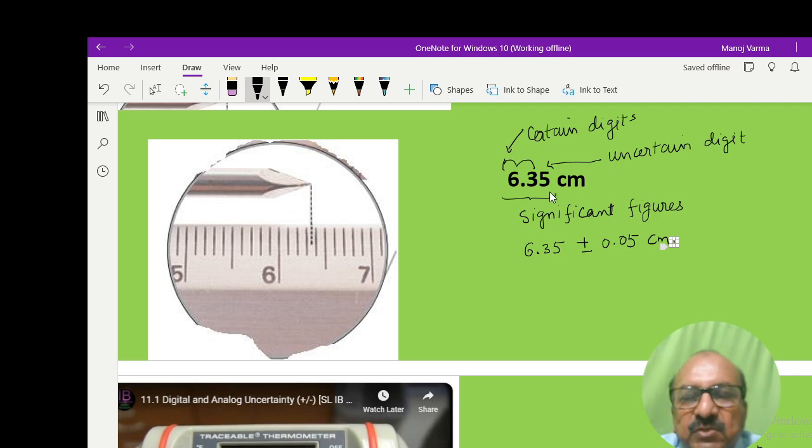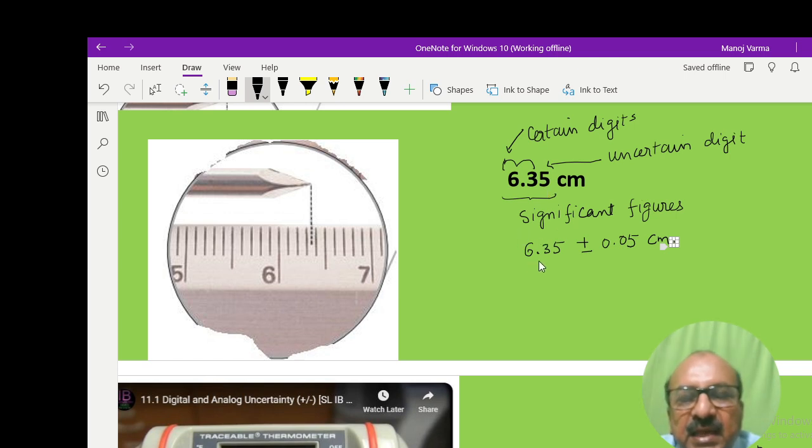So when we write the figures in which only the last figure is doubtful or uncertain, all these digits together are called the significant figures for this measurement. These two digits are certain, the last digit is uncertain. So you include one last uncertain digit and then you get the total number of significant figures.